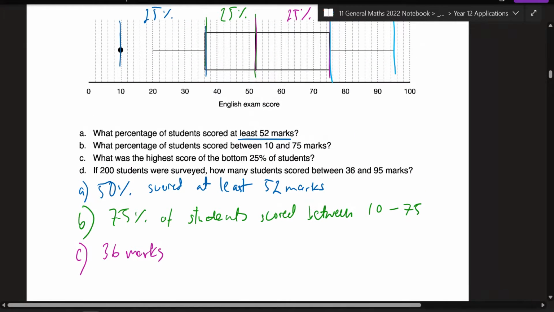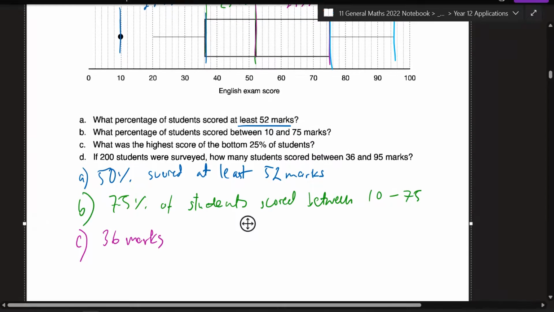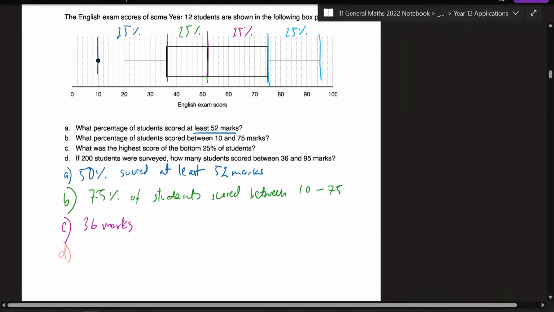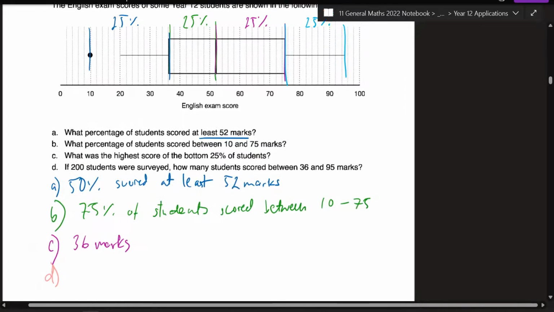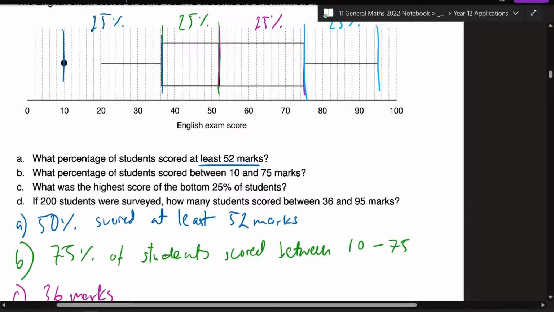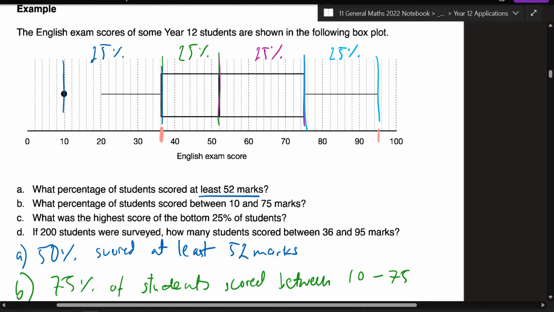All right, and then question D. If 200 students were surveyed, how many scored between 36 and 95? If you have a look, 36 is over here, and 95 marks is all the way up to here. So you're focusing on this chunk.